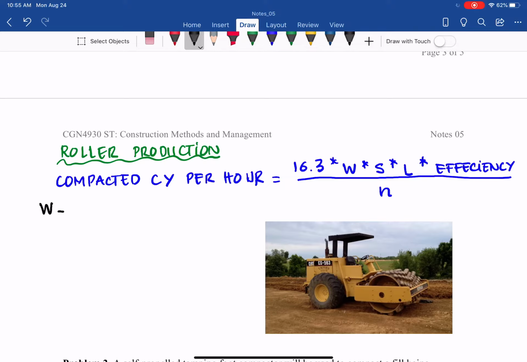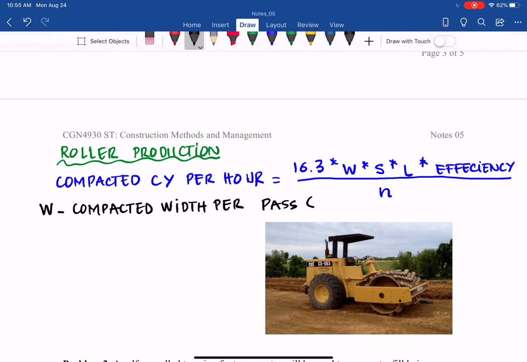W stands for compacted width per pass, and to apply that equation it has to be measured in feet.